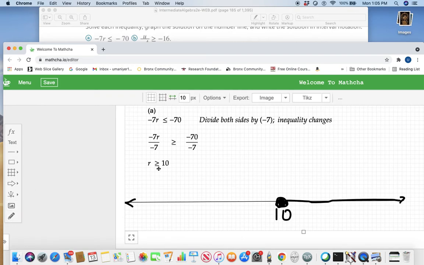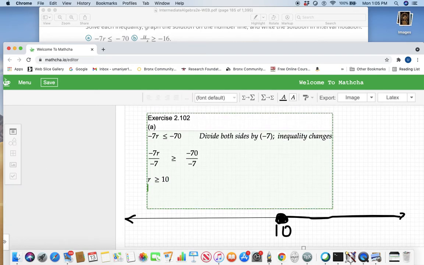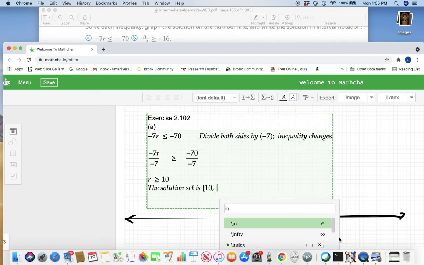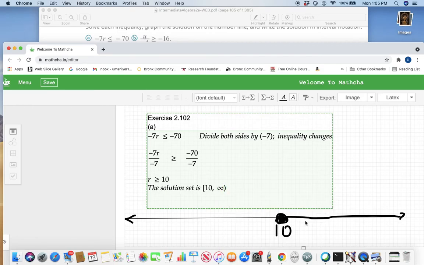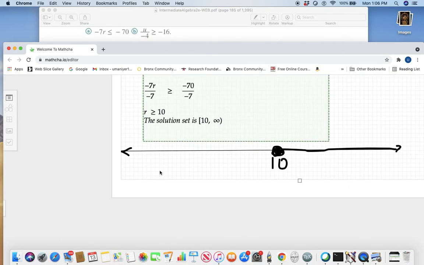All right, so the solution set is: the left-handmost point is 10, which is included. For the right-handmost, there is no point. It goes on forever, so it's infinity, which is always open. Next problem, next example.